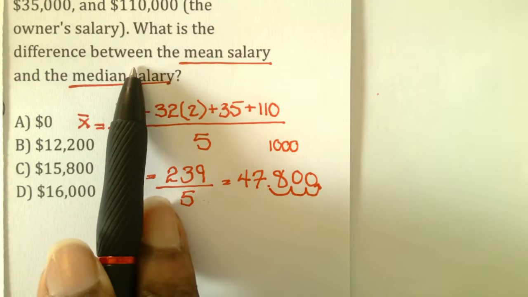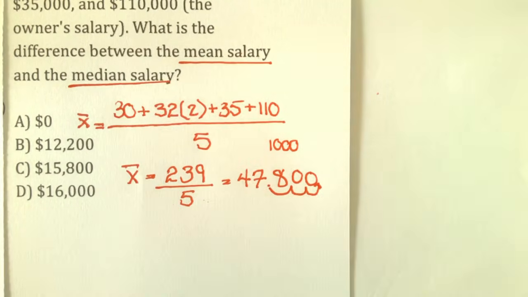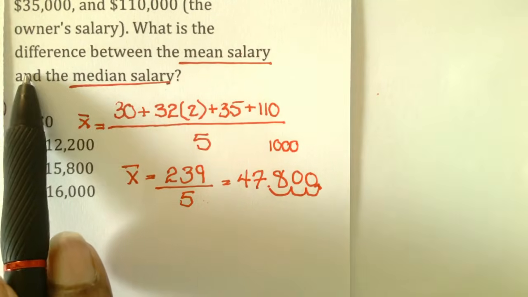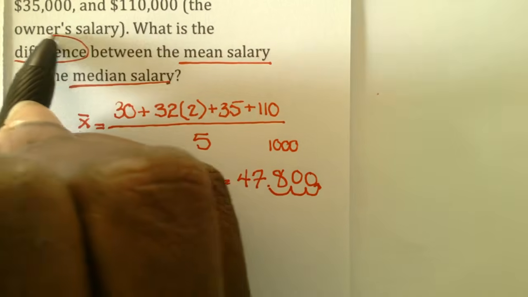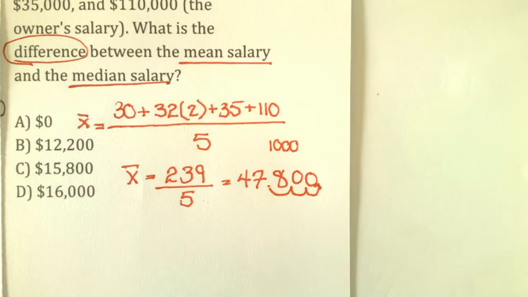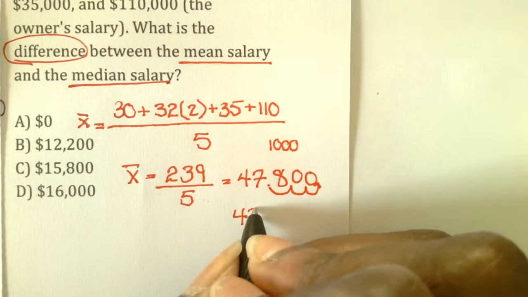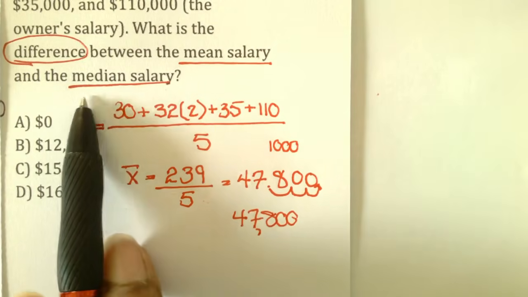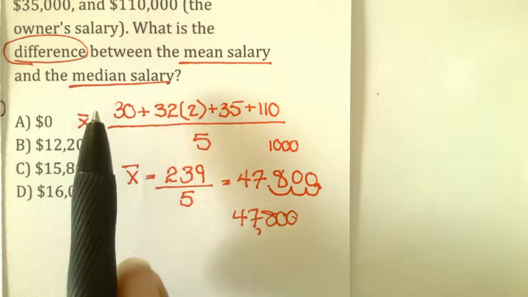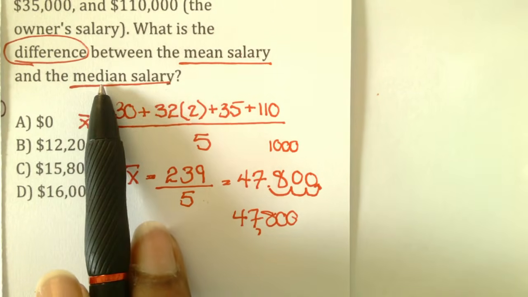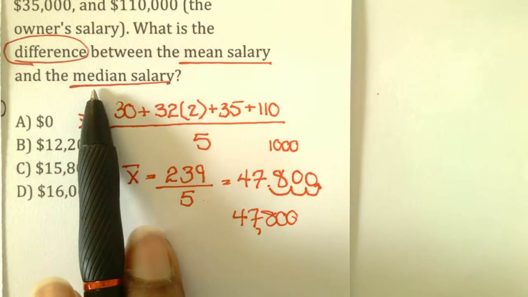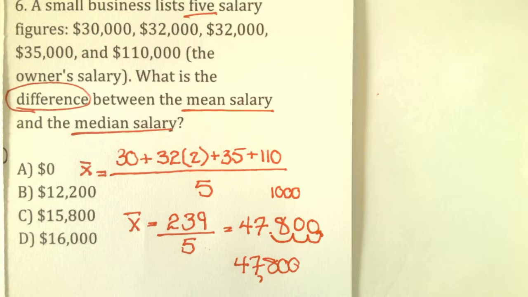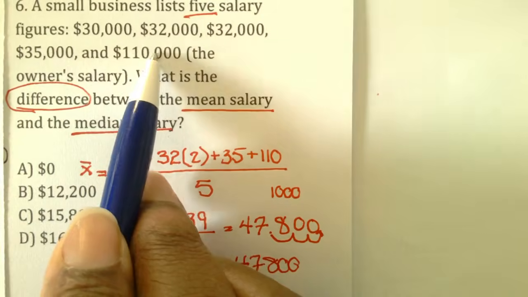So I go back to the question: what is it asking for? They want the difference. Difference means subtraction. So they want the difference between the mean salary, which we know is 47,800, and the median salary. The median, MED, mid. So we're looking at the middle number of our data. We have 1, 2, 3, 4, 5.